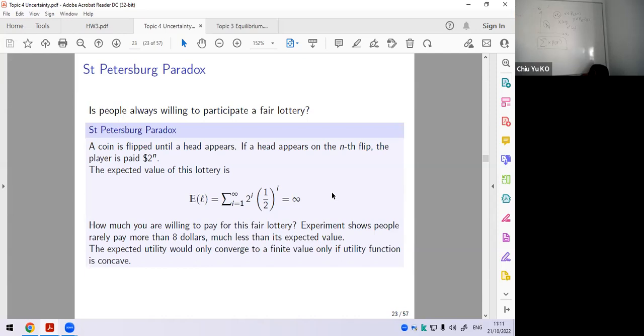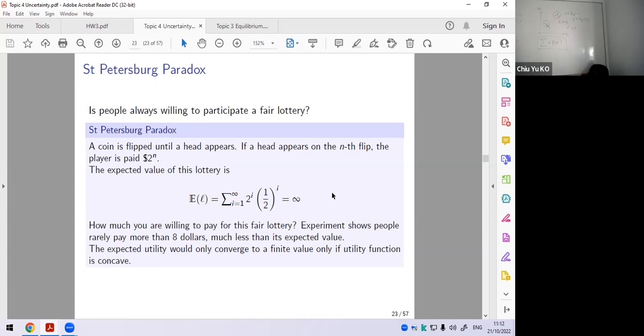If you have tail, tail, head, you have 2 to the 3, and so on and so forth. Is that clear? Basically, just start from here. You have head, or tail and then head, and go on and on. You get $2 here, you get $4 here, and so on. So this is the tree diagram for this game.